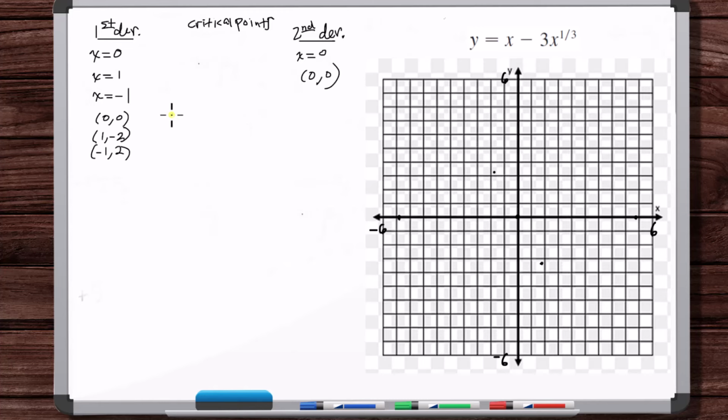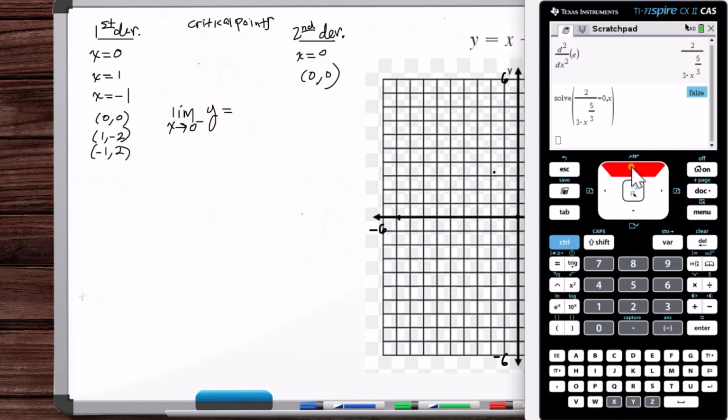So let's do this. Let's say, what is the limit as x approaches 0 from the left of the function? All right, so we take the limit of the function with respect to x approaching 0. Okay, well, no, that's not what I want to do. So let's do this.